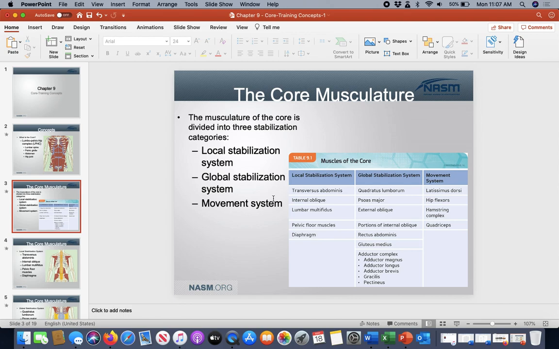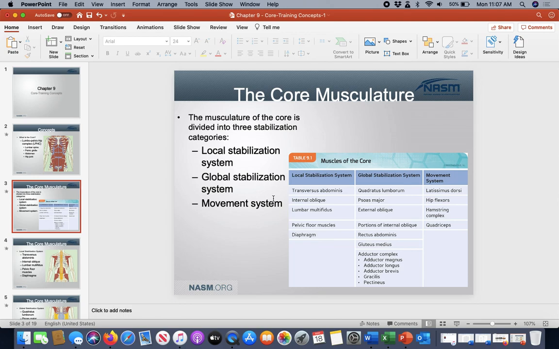Local stabilization system is really internal structures that are going to help to stabilize the LPHC. Global is larger musculature that's going to be more specialized to the regions that it's going to be more specific to, the overall large body surface area that we're talking about, to make sure that those local stabilizers are enhanced, and vice versa.